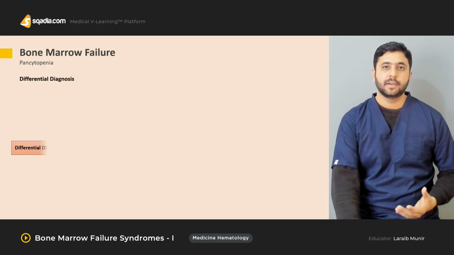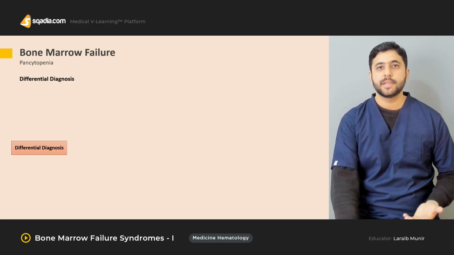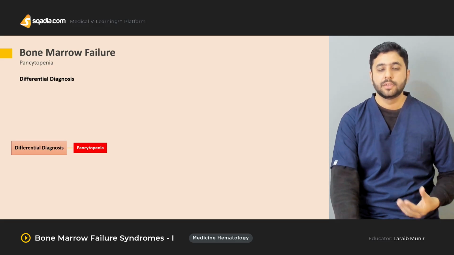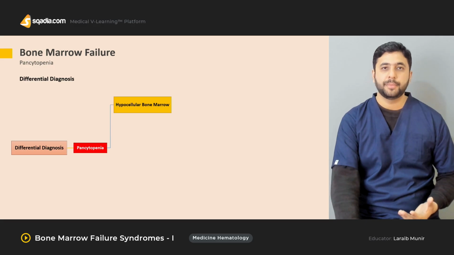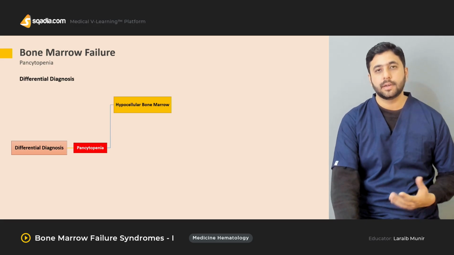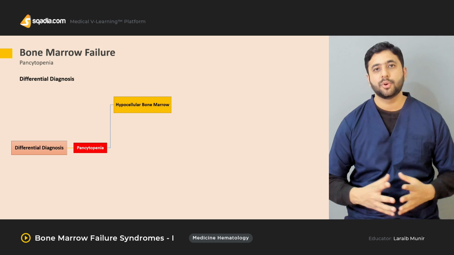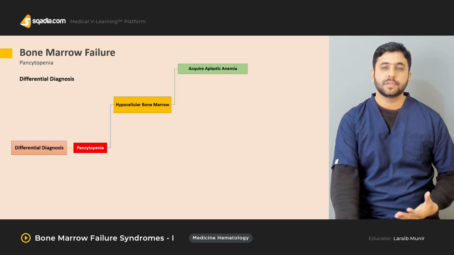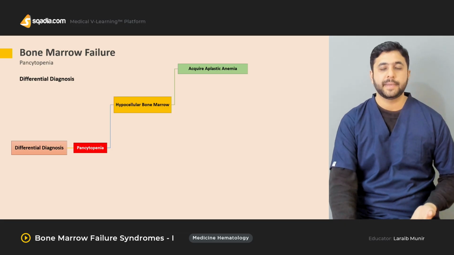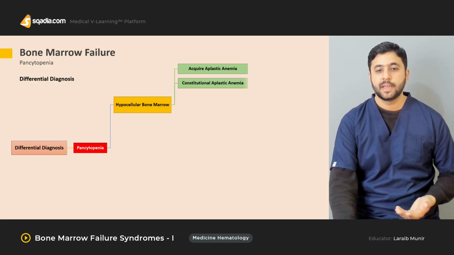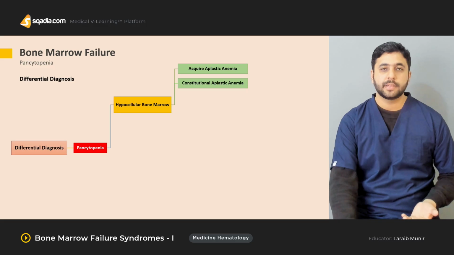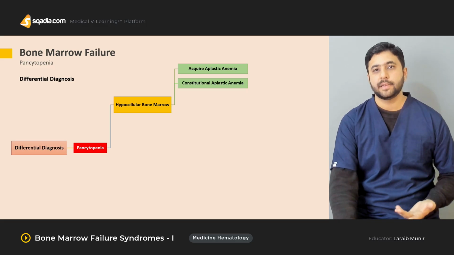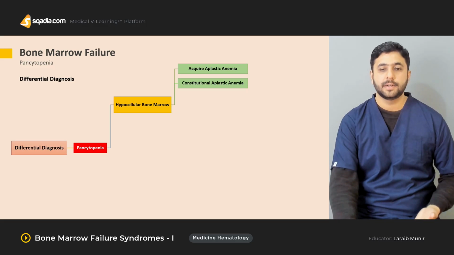We basically differentiate the various patients presenting with pancytopenia on the basis of the bone marrow picture. So if we have a hypocellular bone marrow, in which there is a decreased count and basically the bone marrow is replaced by fat and other cells, then the major disorders which we can think of are the aplastic anemias, especially the acquired type, or it can be a constitutional aplastic anemia if it presents at a very young age in an infant or in a young child.